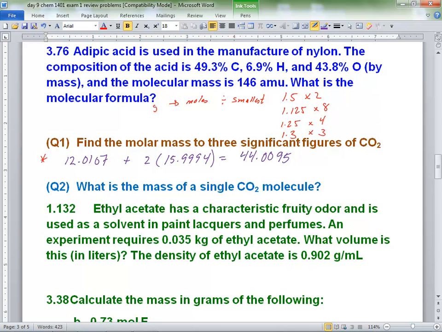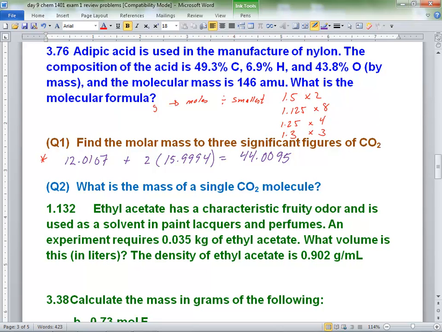Annabelle, did you get 44.0095? No? So 1 carbon plus 2 times oxygen. I know I did wrong. Okay. So anybody who got 44.095, what do you report your answer to? 3 sig figs.